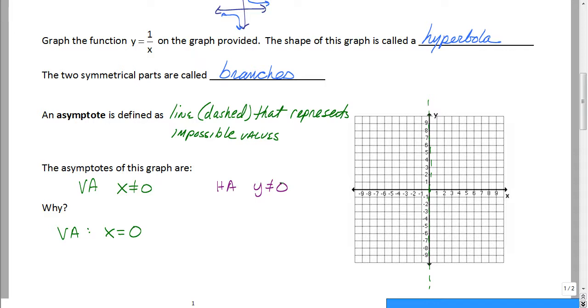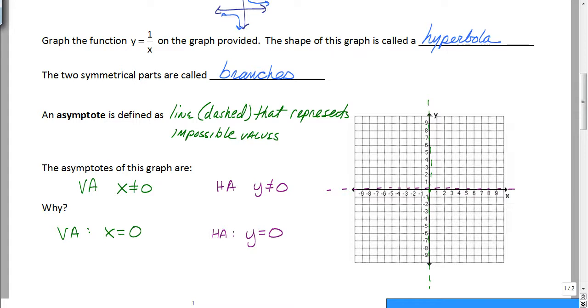So what can you divide 1 by to get 0? And the answer is nothing. You can't divide 1 to get 0. So our horizontal asymptote, the equation is y equals 0, where we would graph a horizontal line at y equals 0.